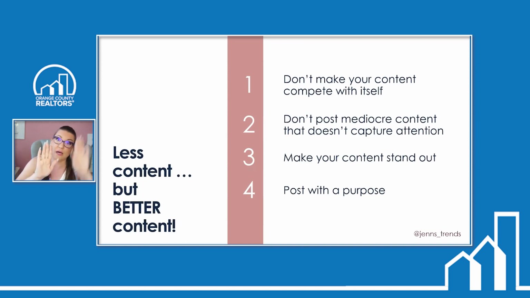So boom, it shoots up and it deteriorates the post from Monday because it could have gotten way more distribution and performance, but Tuesday's overpowered it. So you're literally making your content compete with itself. Why? That's not helping you. So instead, space out your content. And if you did every other day, you give all your content more time to perform and actually get in front of your audience.